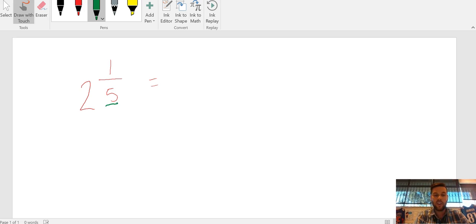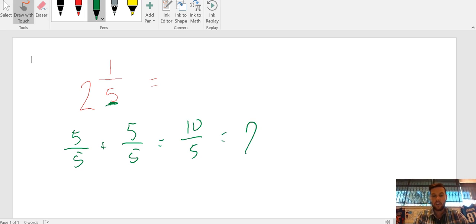Well, we're working with fifths. So 2 wholes would be the same as 5/5, that's 1 whole, plus 5/5. That's 2 wholes, because 5/5 plus 5/5 equals 10/5.